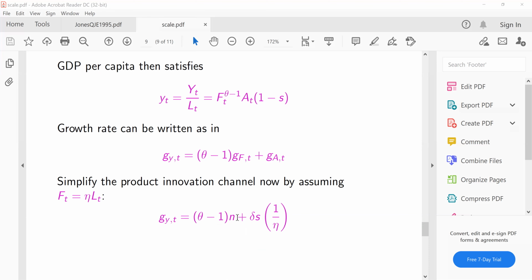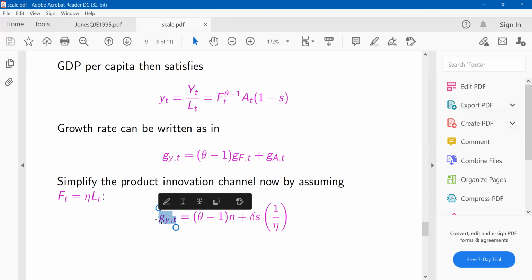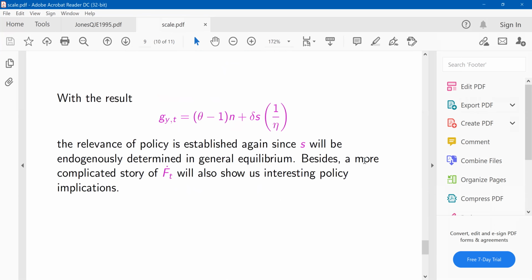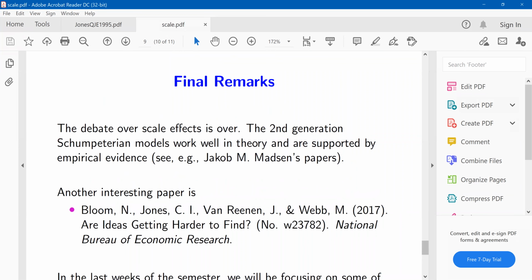So countries with larger population growth rates do not actually have larger long run growth rates, but countries that spend a lot on R&D actually have slightly larger long run growth rates. So there is some supporting evidence for second generation Schumpeterian models. You may also find interesting papers in the literature. So again, as I said, policy is established through that channel, because now, let me finish this set of slides.